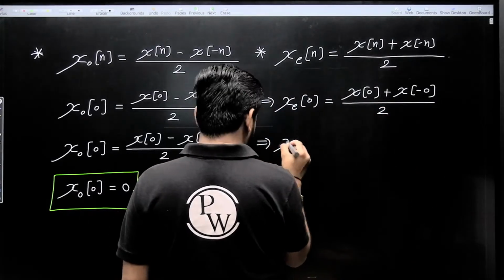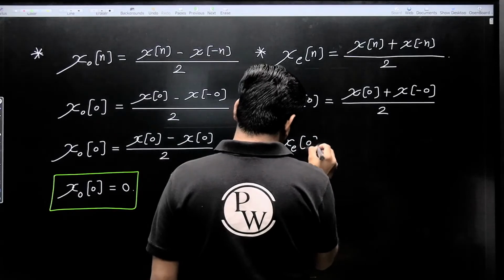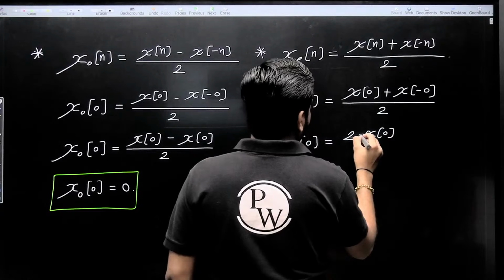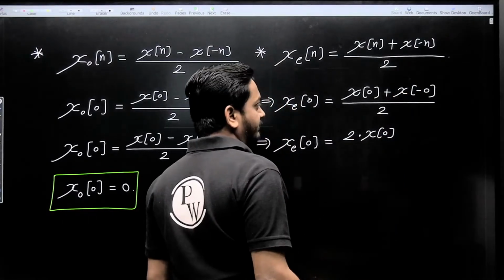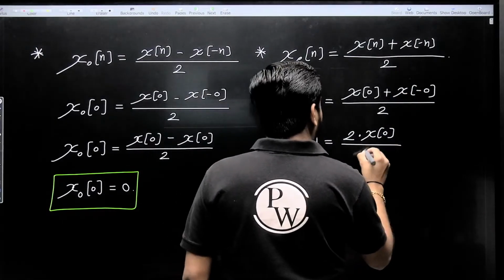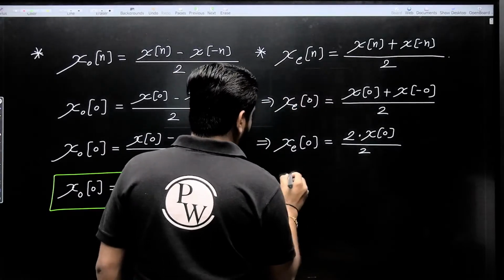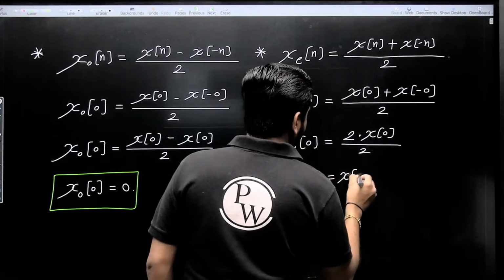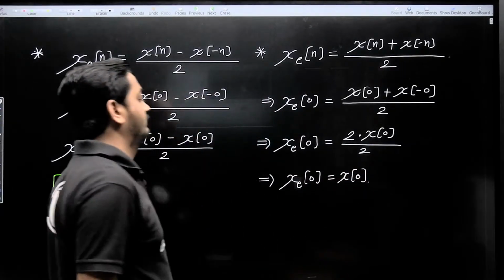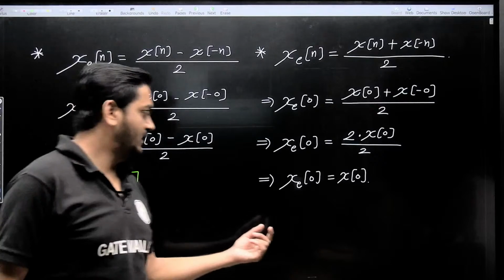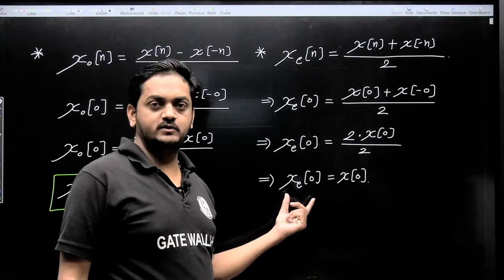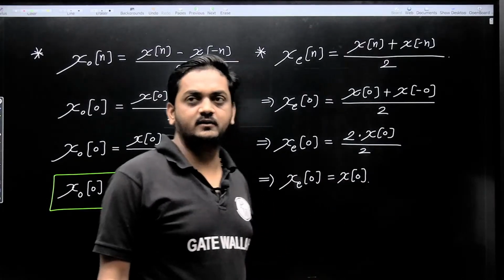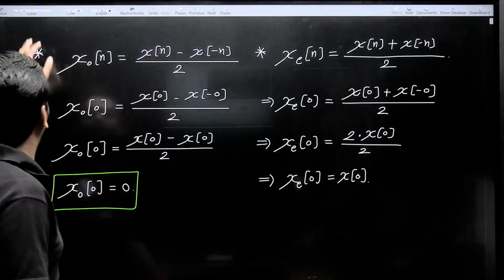Here it is 2 times x of 0, correct? Because x of 0 and x of minus 0 both are same, plus 0 and minus 0 both are same, divided by 2. So, it's important. Even signal has value at origin same as that of the original signal x of n, correct? Fine. So, this is a very important result.